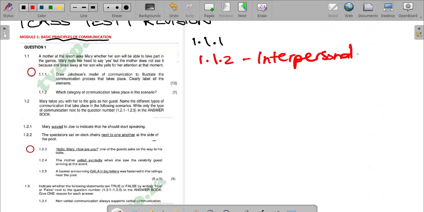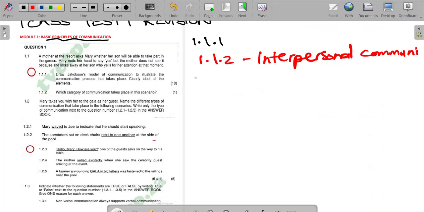Remember, there are 4 categories of communication, which include intrapersonal, interpersonal, extrapersonal, and mass communication. So in this scenario, interpersonal communication was taking place.